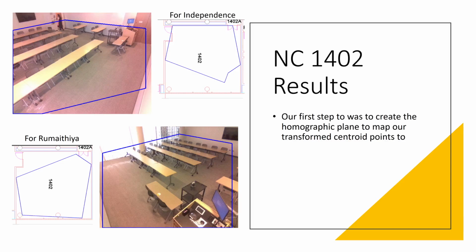Then when we found those same points on the floor plan image, we did a pixel per inch conversion to try and, as accurately as possible, find where those points were in the room and map them onto that. Then using this plane, we were able to take any of the centroid points that we got from our person detection program and map them onto the floor plan.